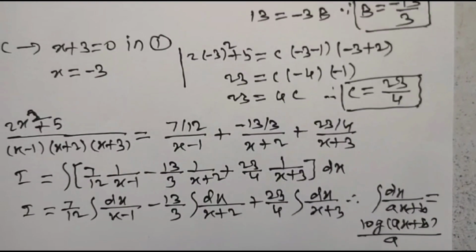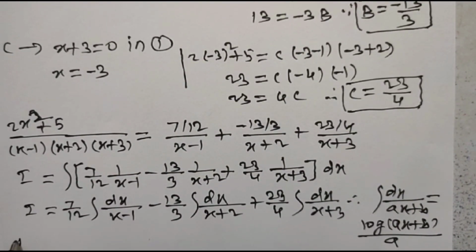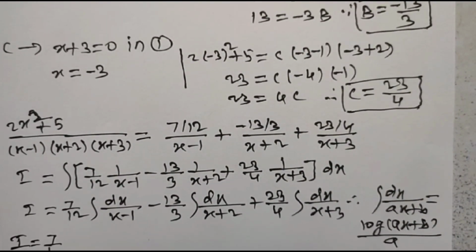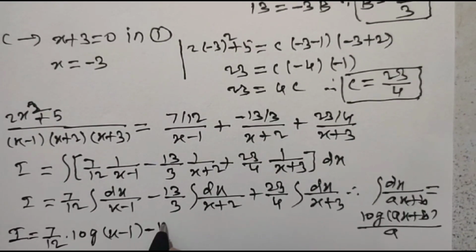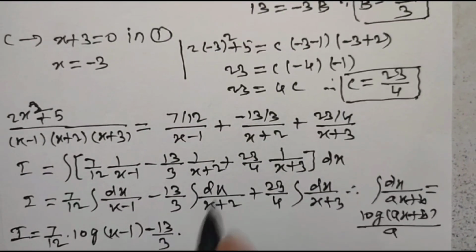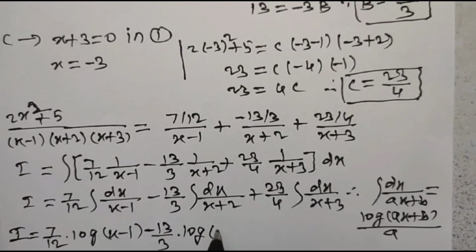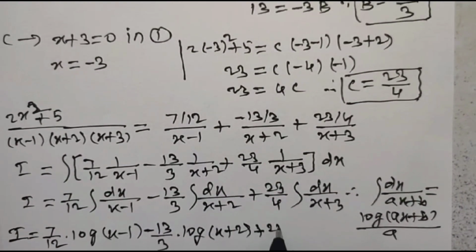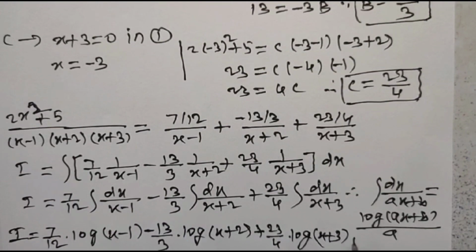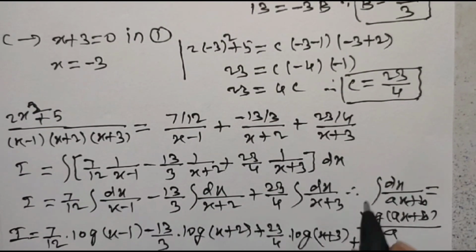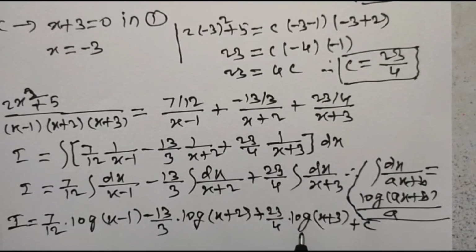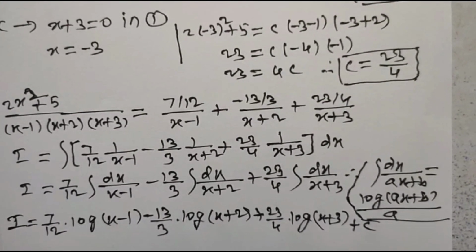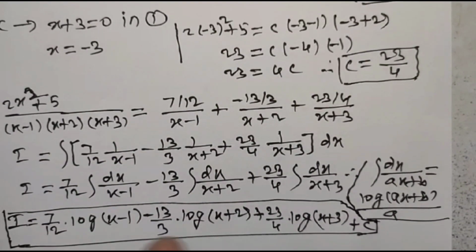So applying this formula, we can write I is equal to 7 upon 12 as it is, logarithm of x minus 1, minus 13 upon 3 into logarithm of x plus 2, plus 23 upon 4 into logarithm of x plus 3, plus integral constant c. Okay, and then if you want you can simplify this, otherwise keep this as it is, and this is the final answer. So this is the value of the given integral.